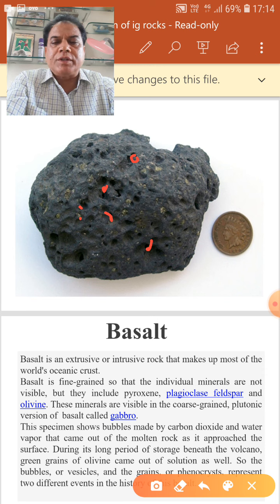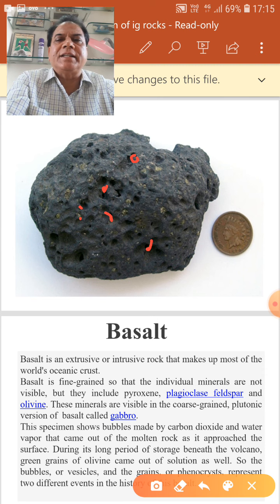In gabbro, you know, there are pyroxenes, that is augite, and plagioclase feldspars of labradorite composition. As far as the mineralogical composition is concerned, I make a correction: if it has orthopyroxenes, that rock is norite, but here the diopside and augite are the CPX, the clinopyroxenes.